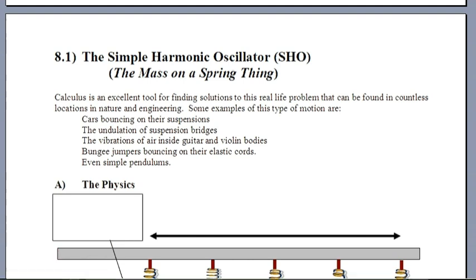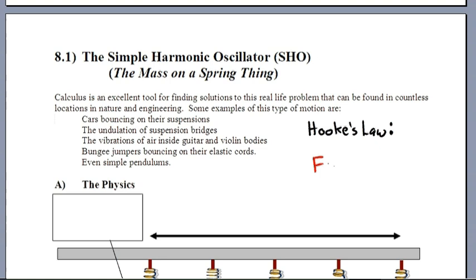Now, I've mentioned that there's a little bit of physics going on in this chapter in addition to the calculus. One thing we're going to need for the physics is something from Physics 11 called Hooke's Law. Hooke did some work looking at elastics and springs and how you can stretch them for a little while pretty safely and how they bounce back.